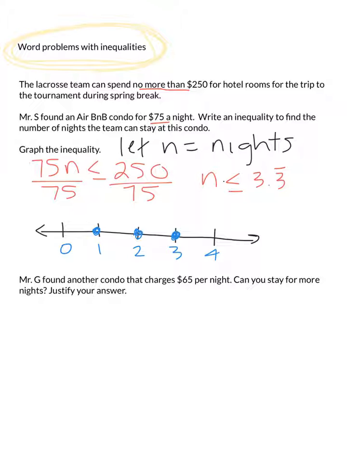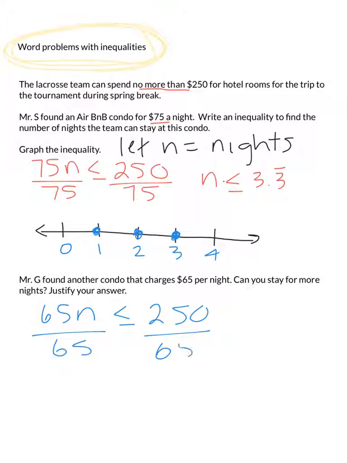So Mr. G found another condo that charges $65 per night. Can you stay for more nights? So we have $65 a night. And so let's see, how many nights can we stay there?